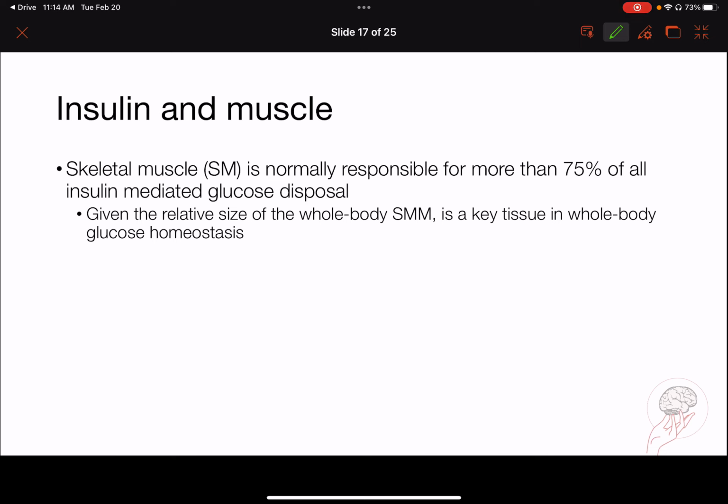The other reason that we want to pay attention to protein is because protein builds muscles. And skeletal muscle is normally responsible for more than 75% of all insulin-mediated glucose disposal. So go back and remember how skeletal muscle contributes to glycemia.